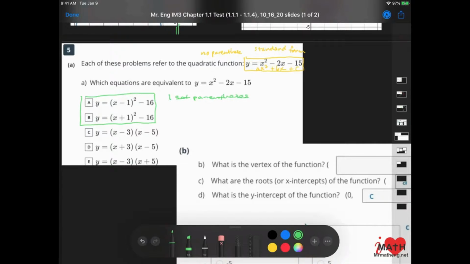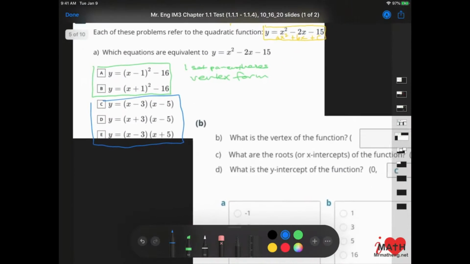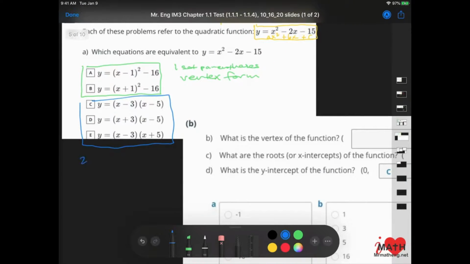What form is that? That is vertex form. And that means this leftover one here is factored form. It has two sets of parentheses. So that is factored form.